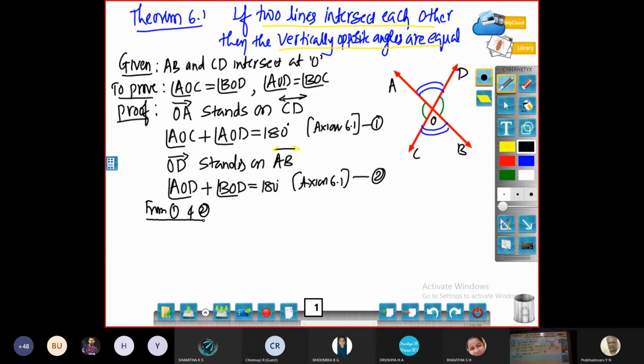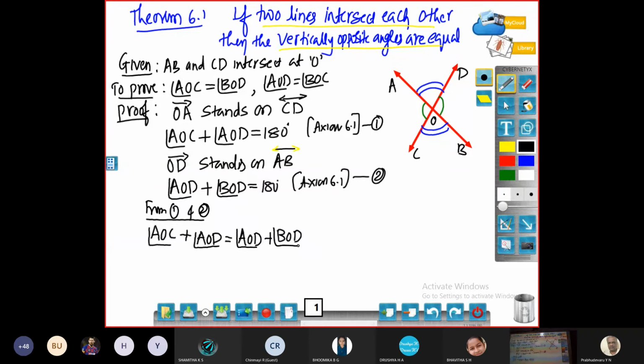AOC plus AOD is equal to 180 degrees, and AOD plus BOD is also equal to 180 degrees. Therefore, the left-hand sides should be equal: angle AOC plus angle AOD is equal to angle AOD plus angle BOD.